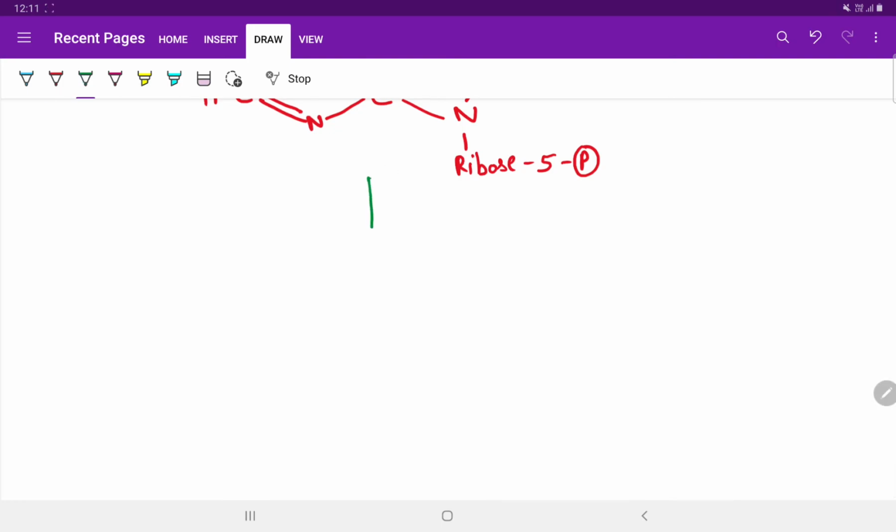So from the inosine monophosphate, two different types of reactions will be proceeding. One will be the formation of adenylosuccinate.